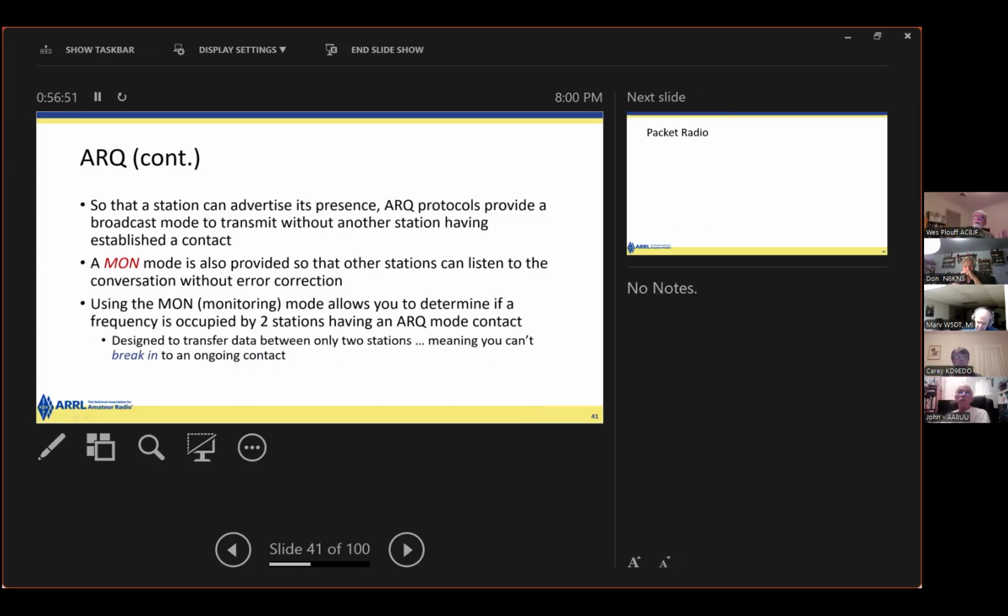So using the monitoring mode, you can determine if the frequency is busy, and that's actually a good thing, because you don't want to get in the middle of a conversation between two other stations. You don't want to break in, because that disrupts the connection that the two stations who were on the frequency already have. So this is another example of listen before you transmit.